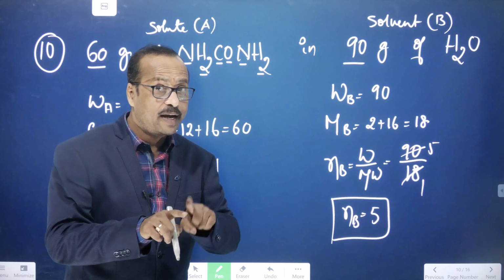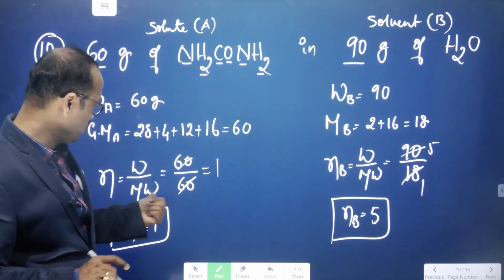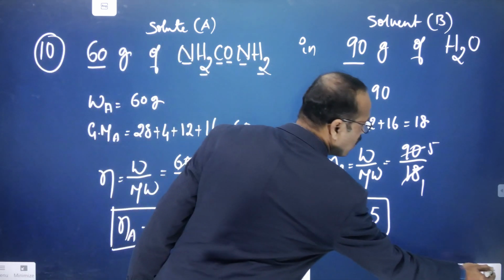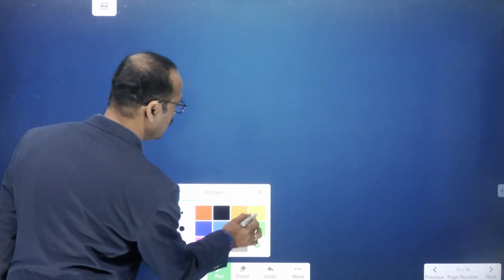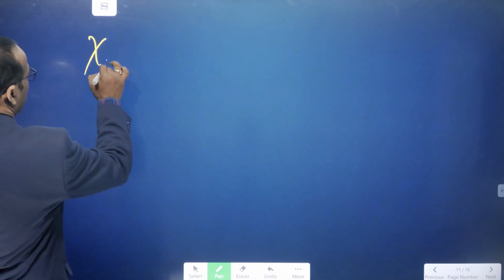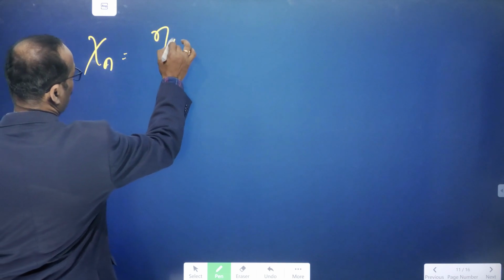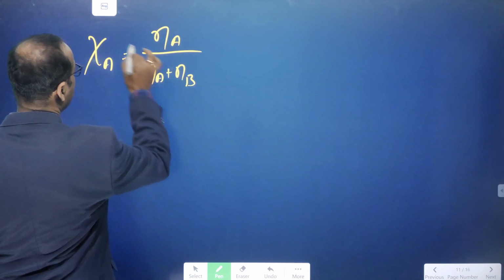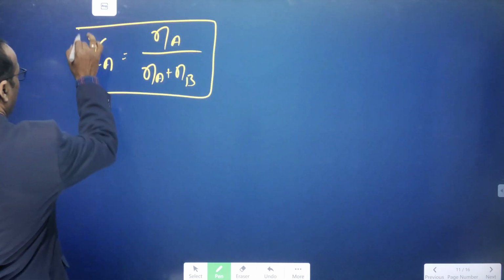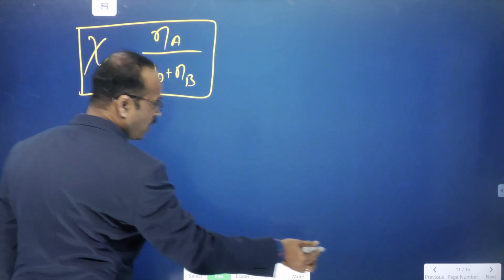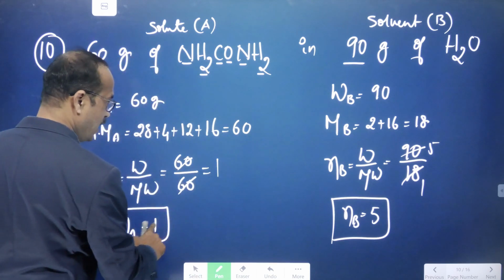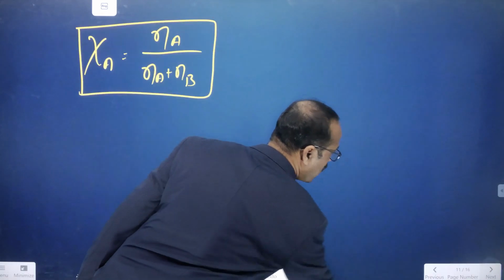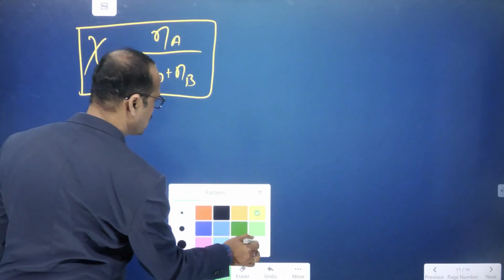Now what do I want to find? Mole fraction of the solute. Mole fraction formula of solute is XA is equal to Na by Na plus Nb. But now what did I get? 1 and 5, right? Now I'll substitute here.